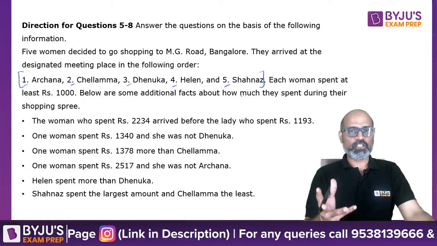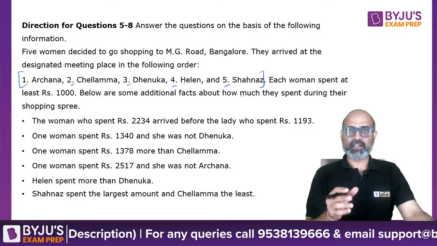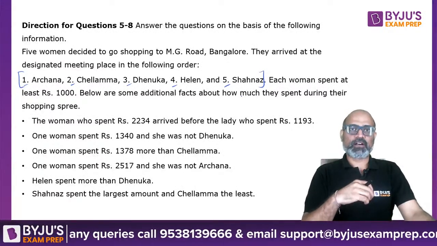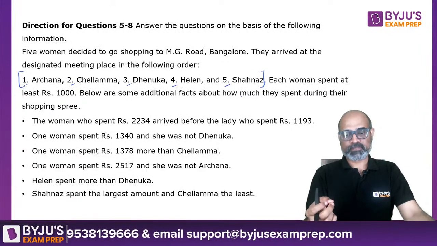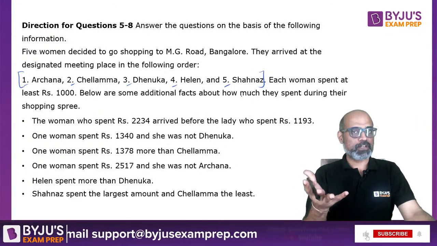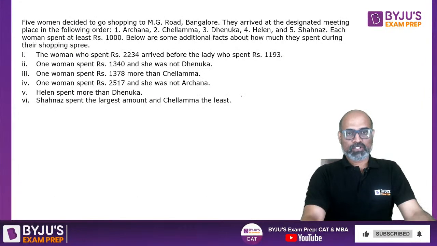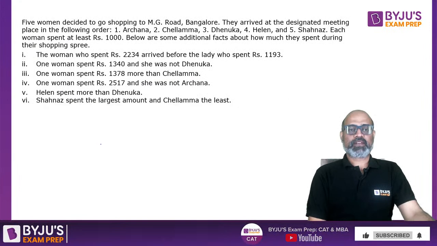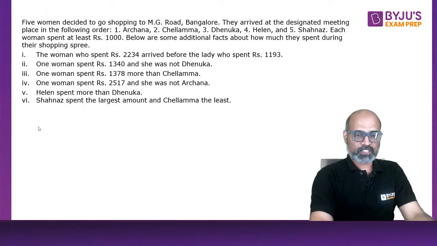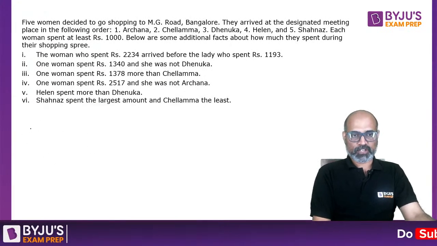So the only thing that we have to take care of over here is the money that they have spent. Since there are 5 people, we need 5 amounts, right? So let's draw a table.